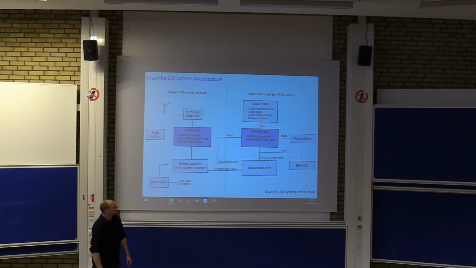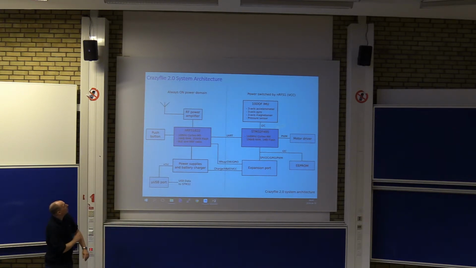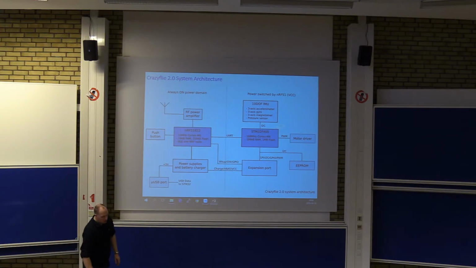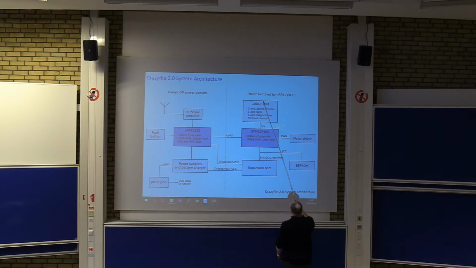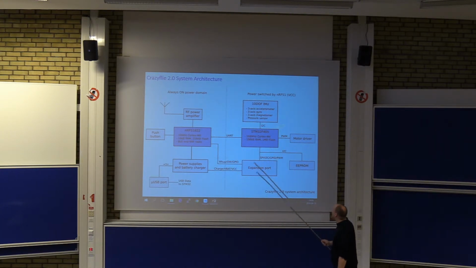So this is the system architecture for the Crazyflie. It's important here that we have some sensors, the IMU, for example. We have the computational unit, the main processor here, and it is controlling something, for example, the different motors.